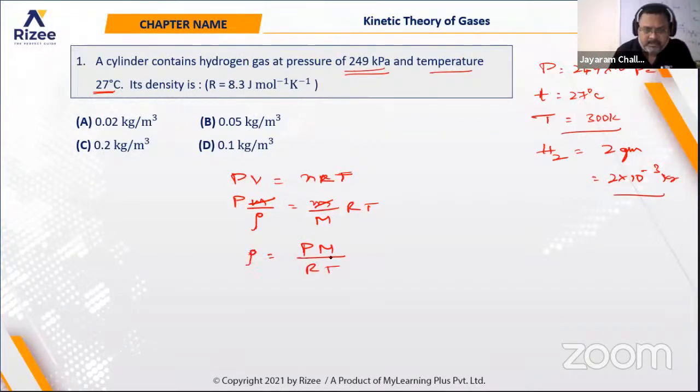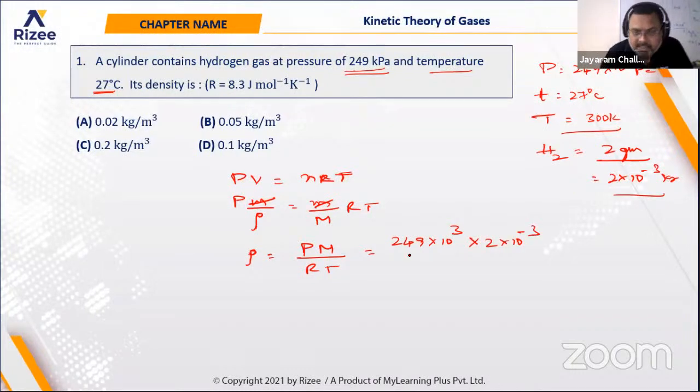So now here we need to write the pressure, which is 249 into 10 to the power of 3 pascals, into molecular weight, that is gram molecular weight 2 into 10 to the power of minus 3, by R, whose value he has given in the question itself, 8.3, into 300 temperature. So obviously this can be removed here.